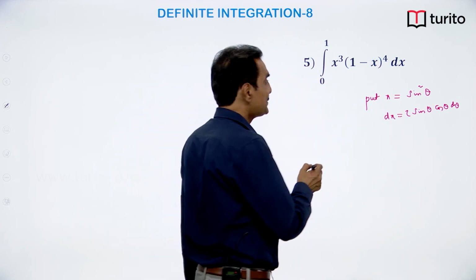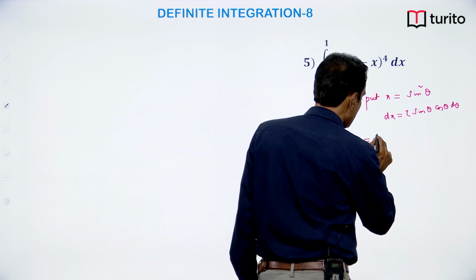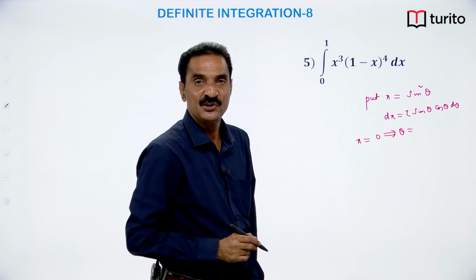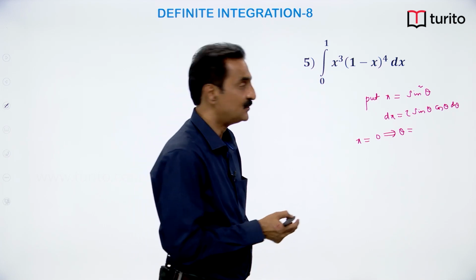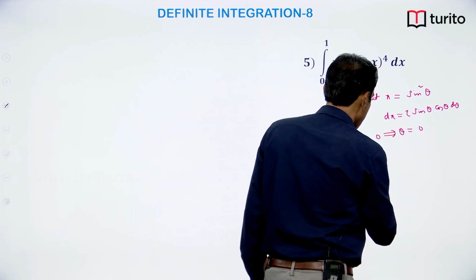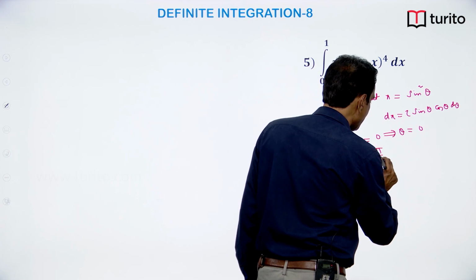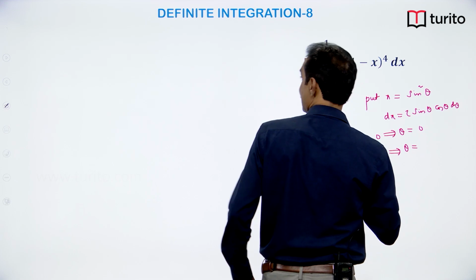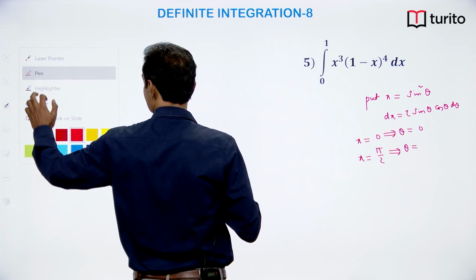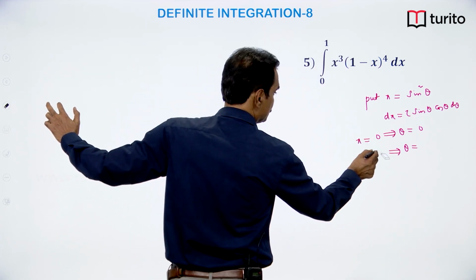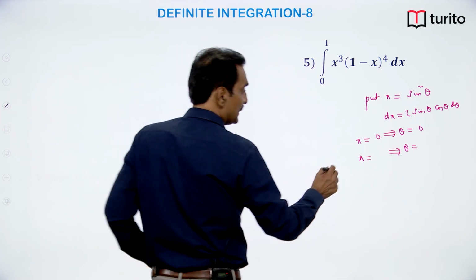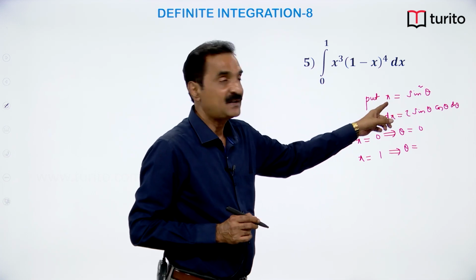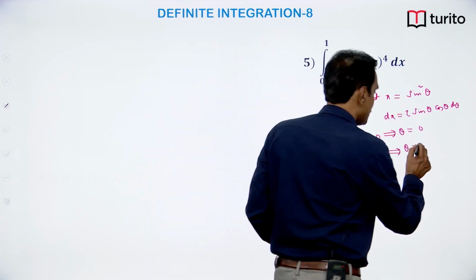And what are the new limits? If x is 0, theta will be 0. Sine square theta is 0 means theta is 0. If x is 1, theta will be pi by 2. If sine square theta is 1, theta is pi by 2.